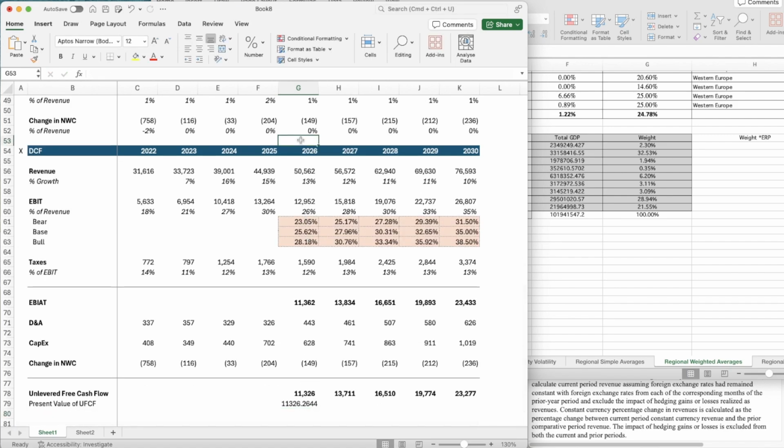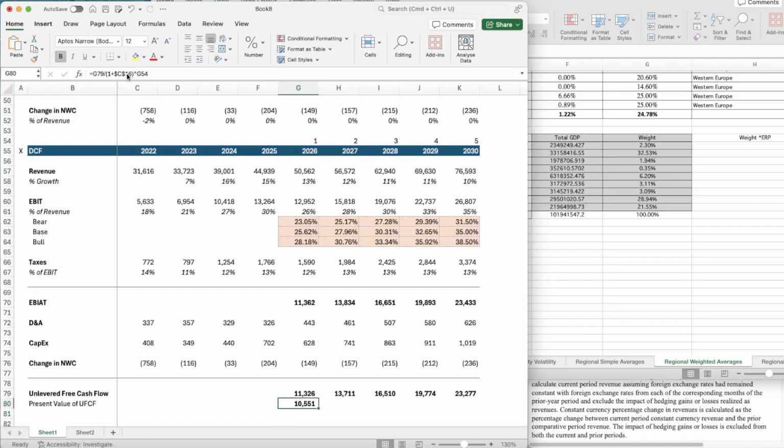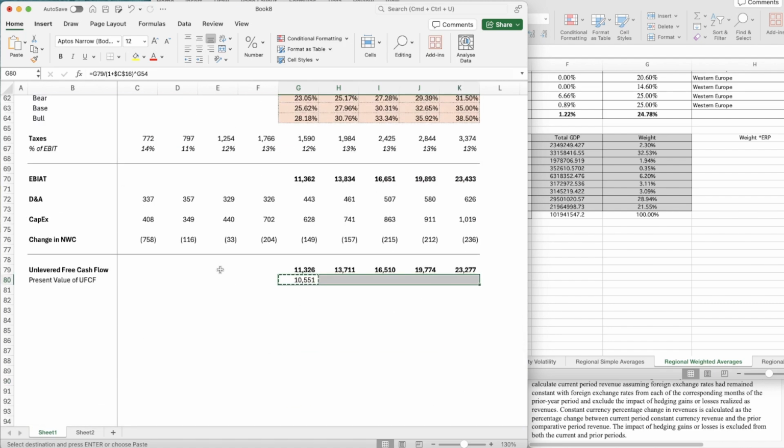And what we're going to do is just put 1 there, and then equals plus 1, pull it across. Lock in your WACC because we're going to pull it across. Sorry if this is at the bottom of the screen. Yep, that's fine.